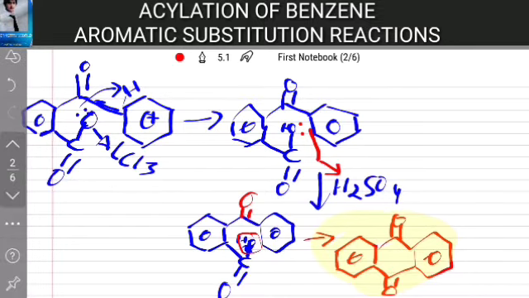So acylation can also be shown by a kinetic model. It is very easy to show its kinetics. We can write the equation here.